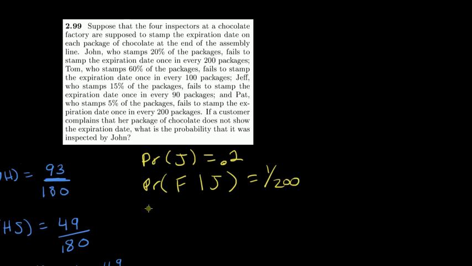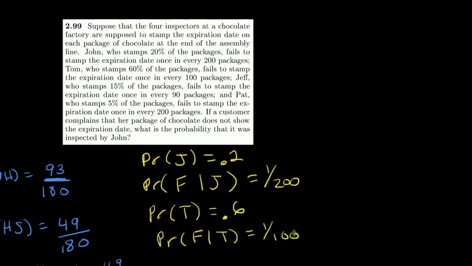Okay, so then next it says Tom, who does 60% of packages, so 0.6, fails to stamp the expiration date 1 in every 100 packages. Okay, so the probability that there's no stamp given Tom did it is 1 out of 100.